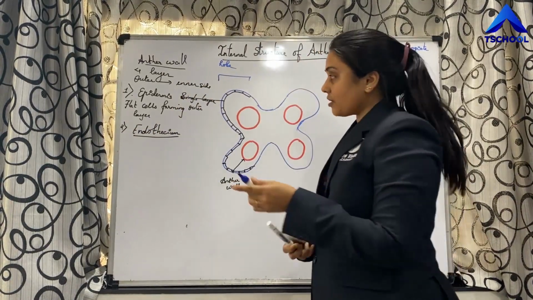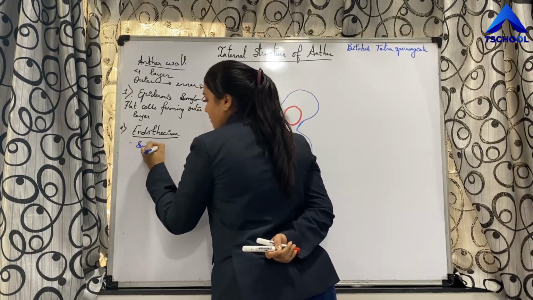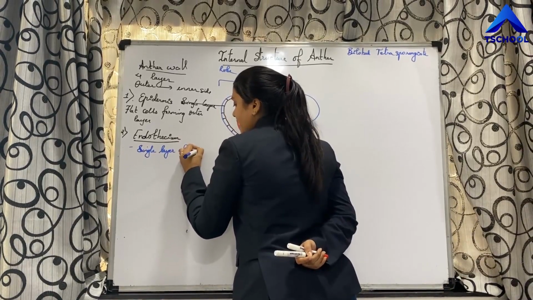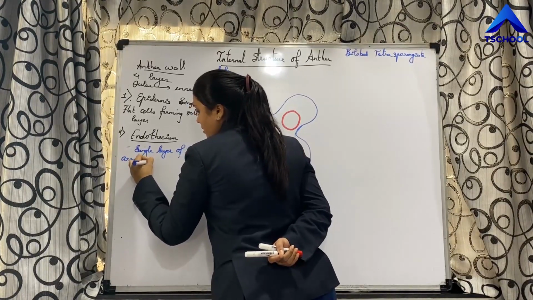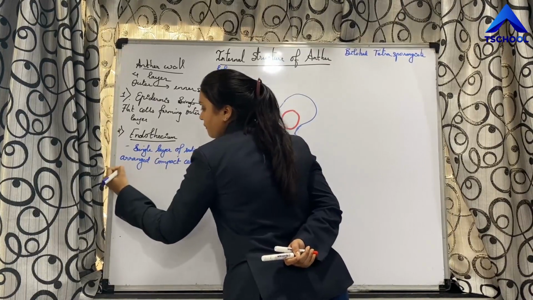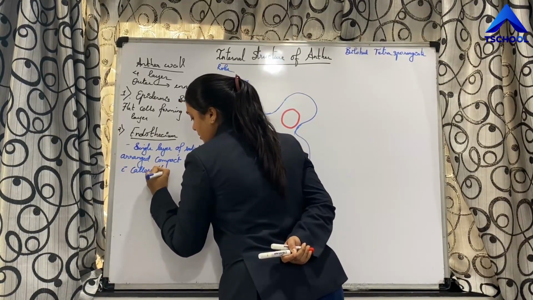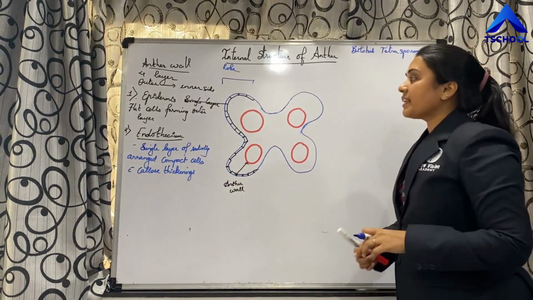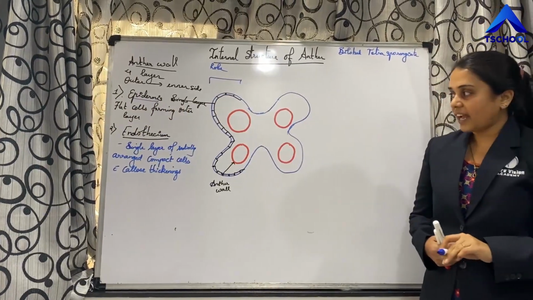This endothecium is also made up of a single layer of radially arranged compact cells with callose thickenings. So the outer layer is epidermis, made up of a single layer of flat cells.